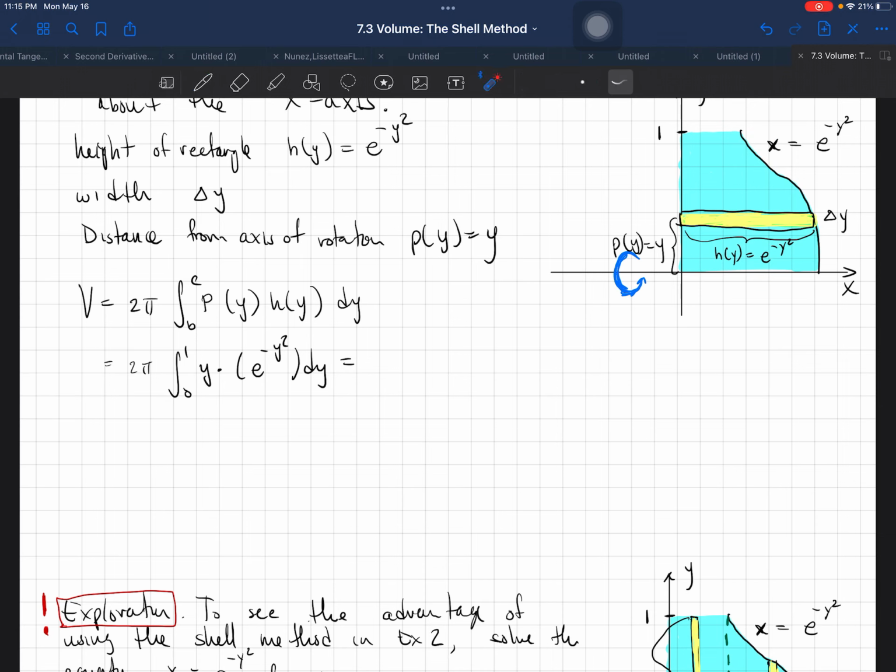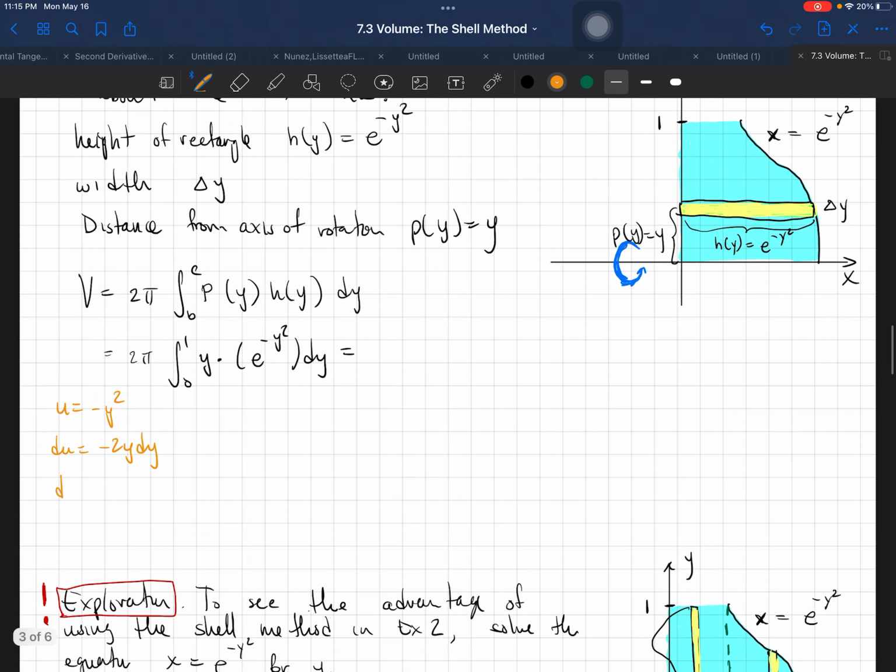So the substitution will come in by letting this be u. Let u equal negative y squared, and then du is going to be negative 2y dy. Then we solve for dy, so dy equals du over negative 2y.